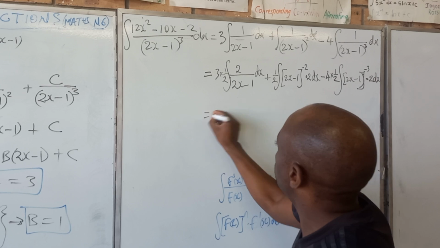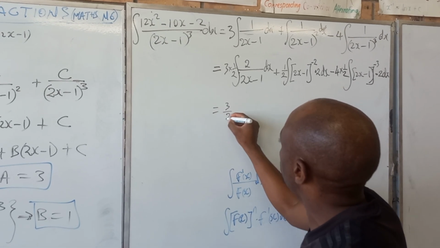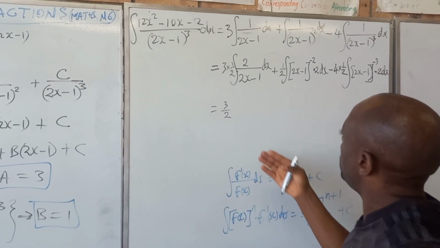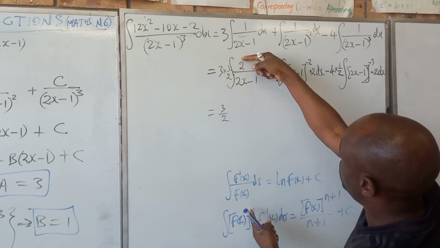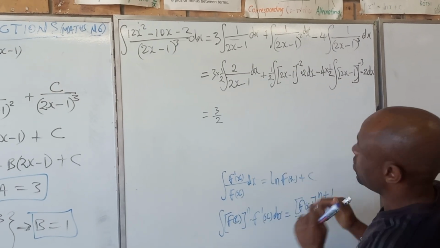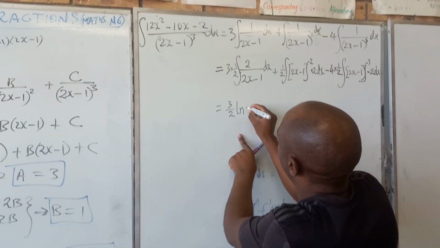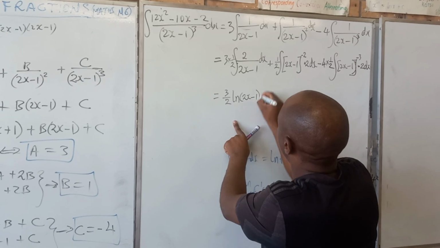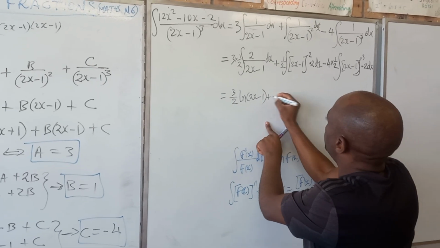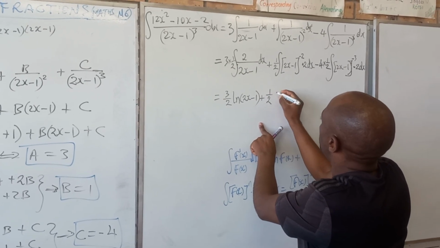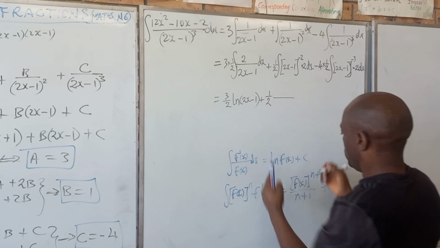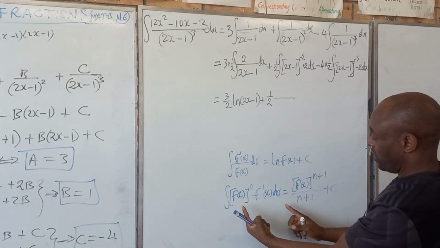Anything outside is a constant, you must be seeing it in your final answer. Then here, the derivative of 2x is a 2, matches the formula. So if I use the right hand side, I get the ln of 2x minus 1. Then for this one, I have my constant out. Then for the last two, I use the last formula.